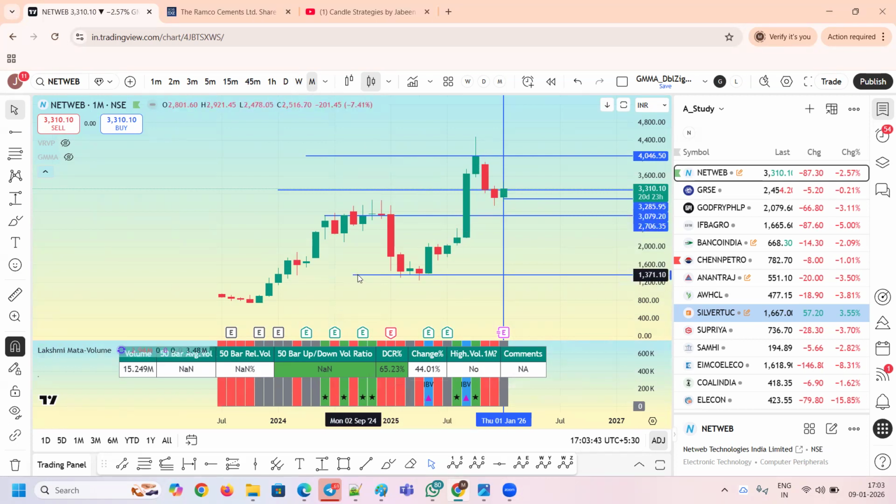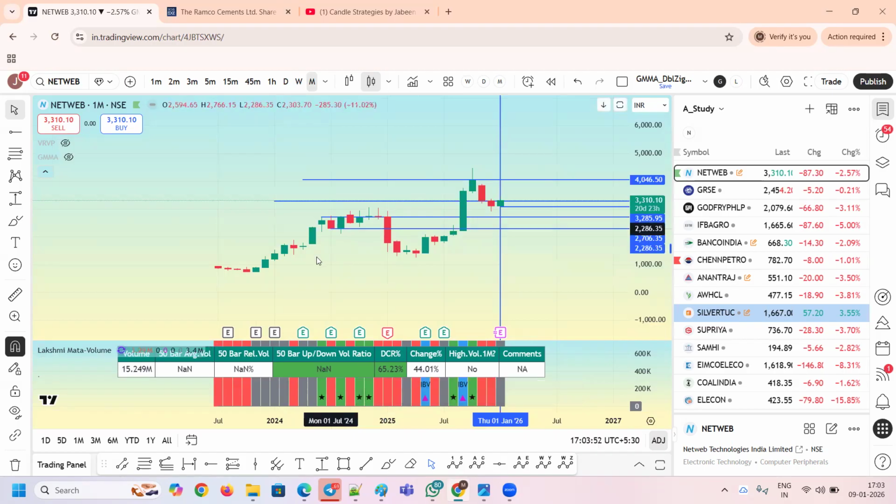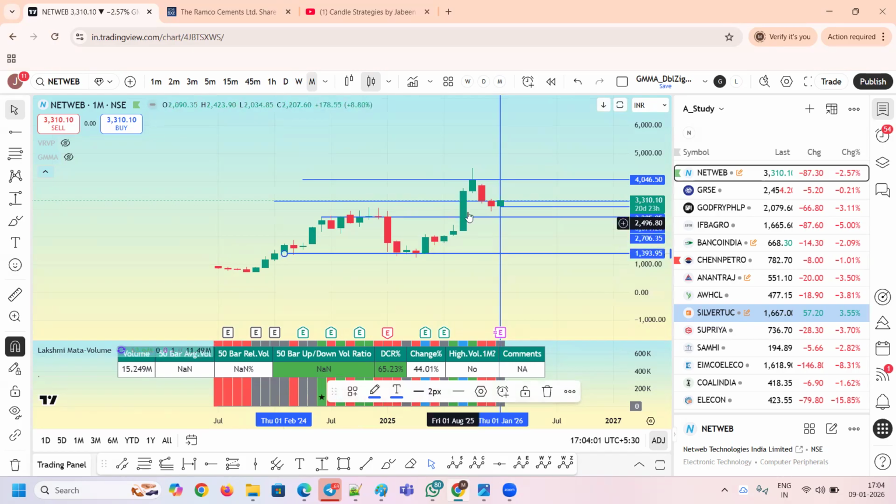If you see this, the stock was struggling to cross this point first, so this will be called resistance, and this will be called the support level. The down point is called support, the top point is called resistance.